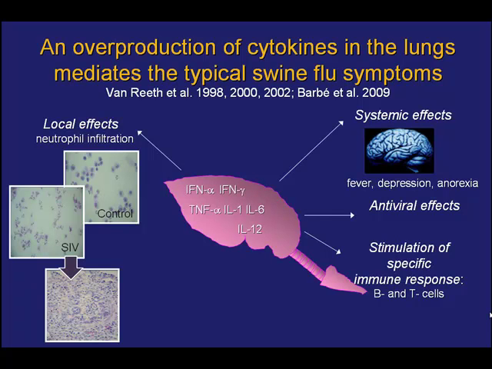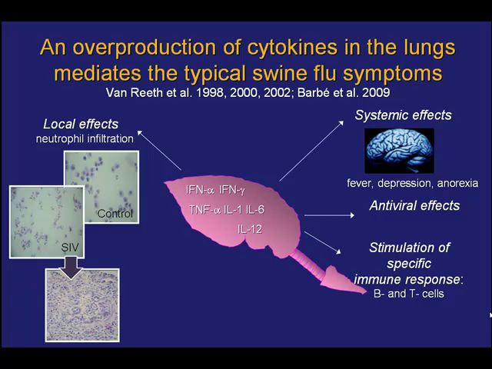But in spite of the fact that the virus replicates only in the respiratory tract, there are also prominent systemic signs like fever, lack of appetite, and dullness. We and others have found that the simultaneous release of a whole series of cytokines, which are inflammatory mediators locally in the lungs, are at least in part responsible for the typical pathology and disease.